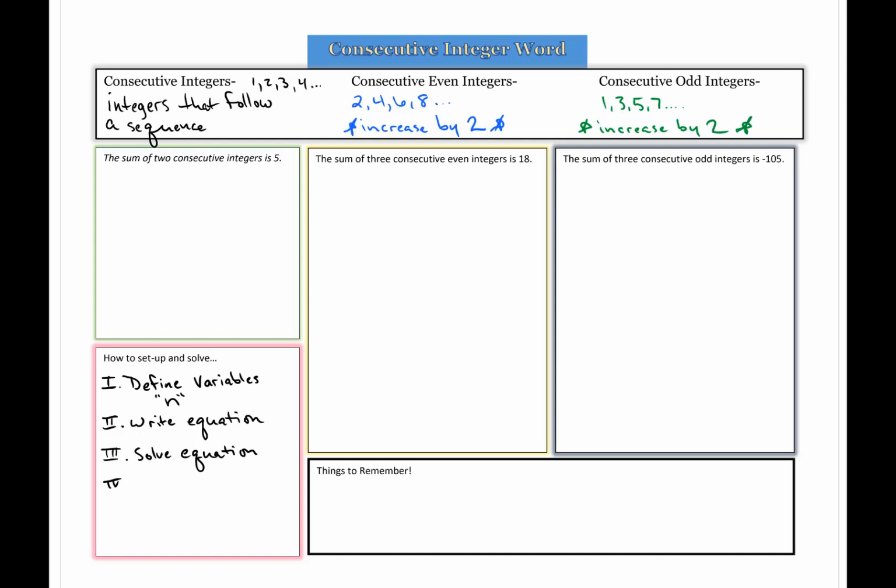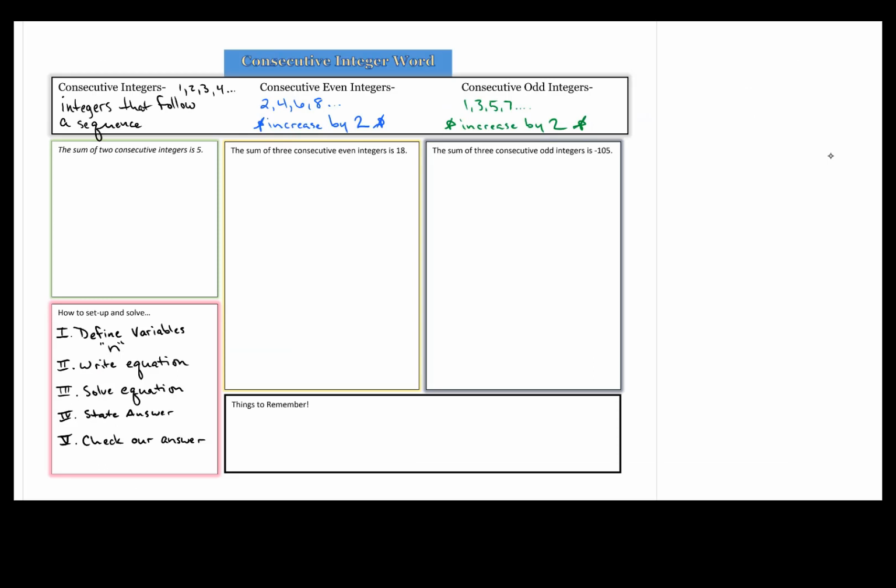Fourth, we've got to state the answer, and when doing that, we have to make sure that we answer the question. And the last thing that we do, of course, you probably guessed it, we're going to check our answer. So let's walk through a couple of examples.